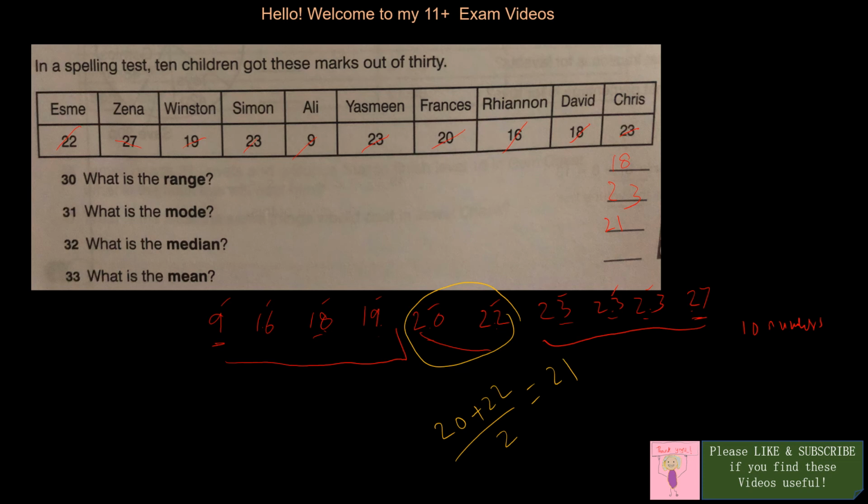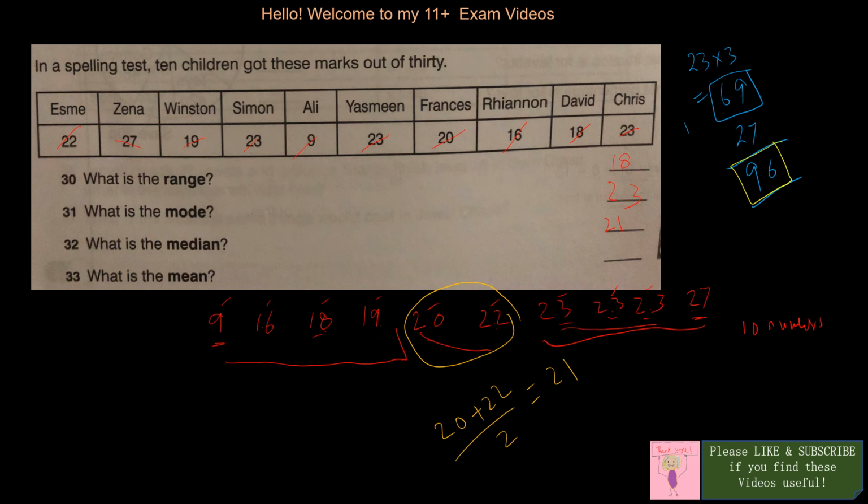Now we have to add up all these numbers to get to the mean. So let me set up the numbers. So 23 times 3 is 69. Then we have 27, 9 and 7, 16, 6 and 1, 7 and 2, 9. So we have 96.